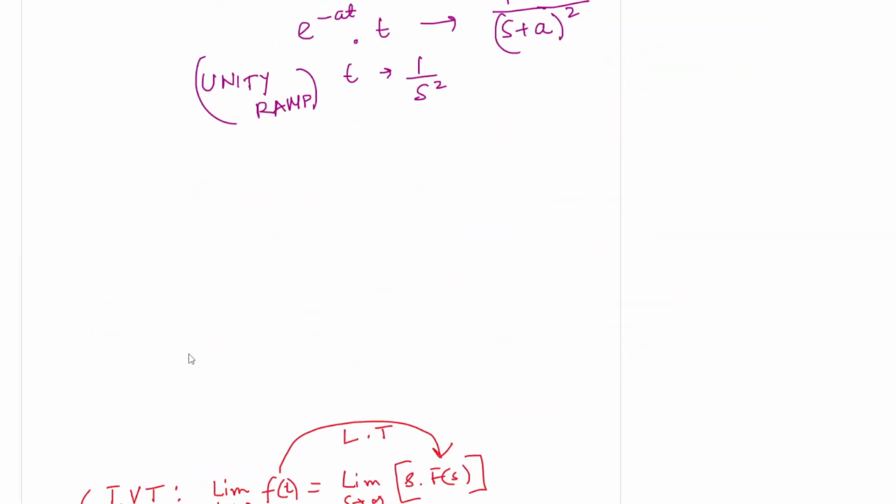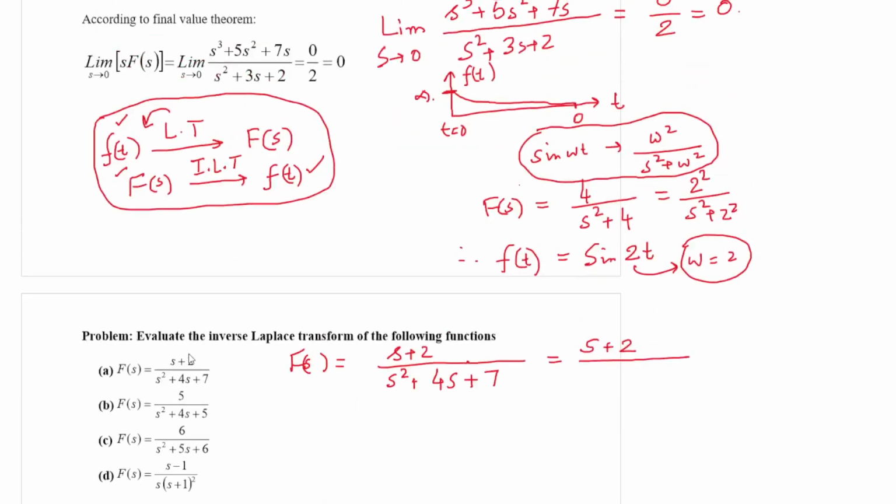Since we have an argument s plus 2 in the numerator, we try to arrange our denominator in this form, s plus 2. So let us write s square plus 2 into s into 2 plus 2 square.